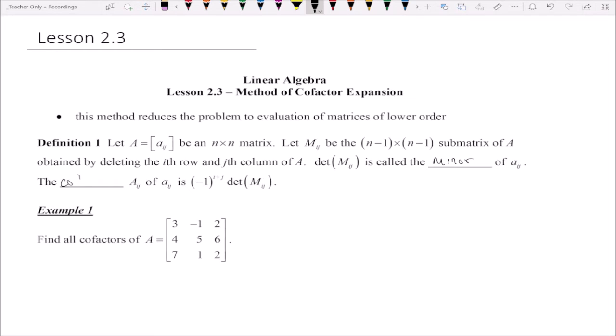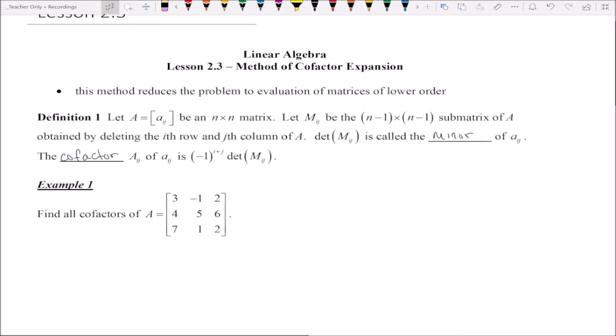The cofactor Aij of the ij entry is then (-1) to the i plus j times the determinant of Mij.